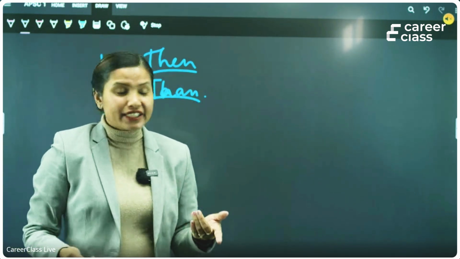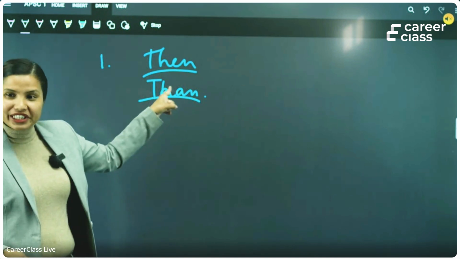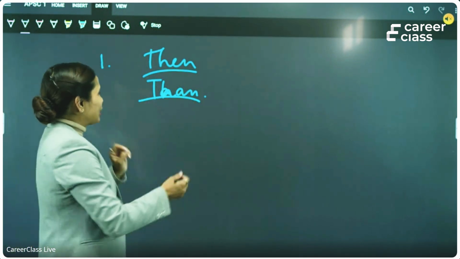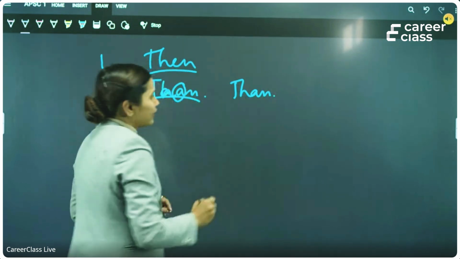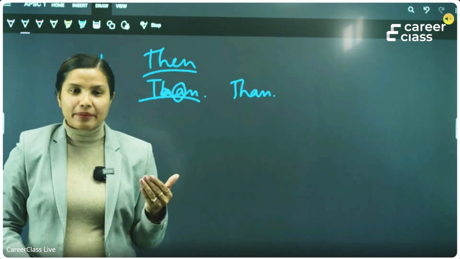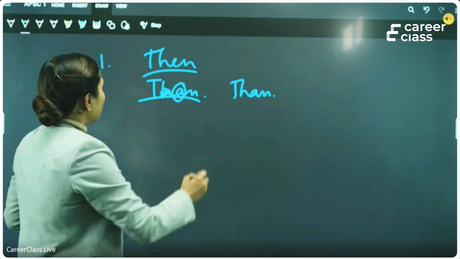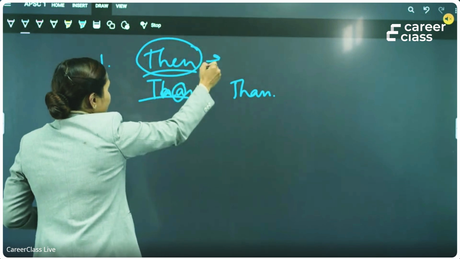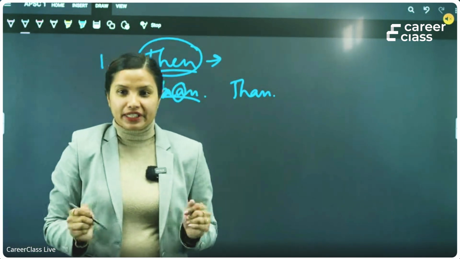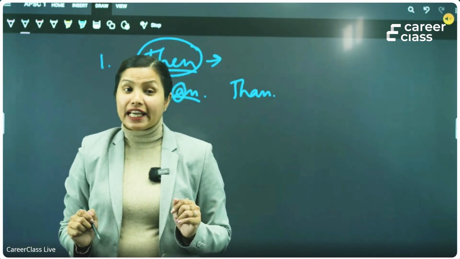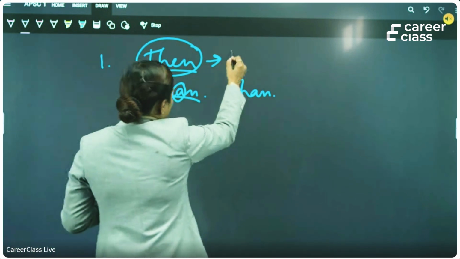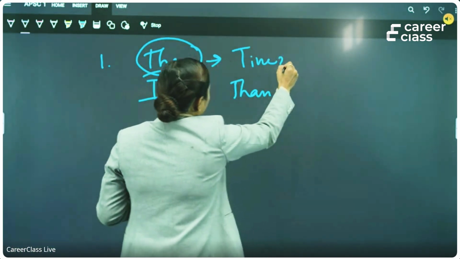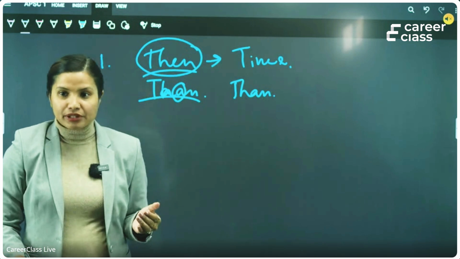She is prettier, which we will use with an A. She is prettier than me. And give me an example with then. What does it help us to express? It helps us to express time. Okay, time. So, what can be an example for this?